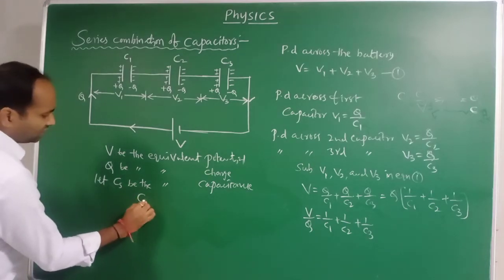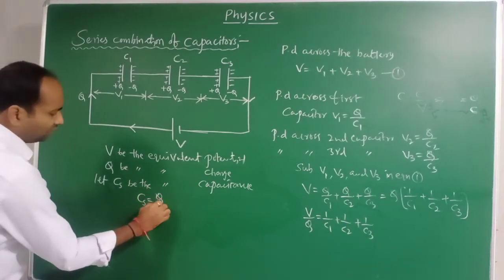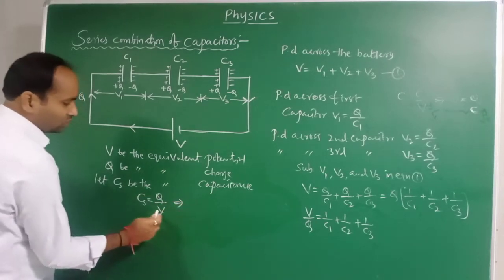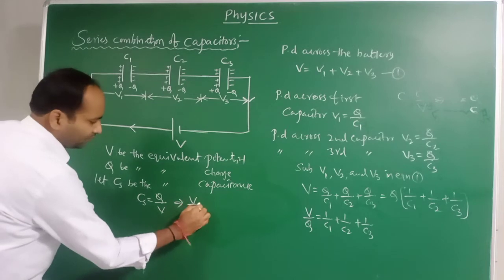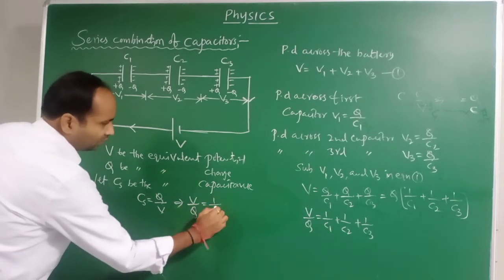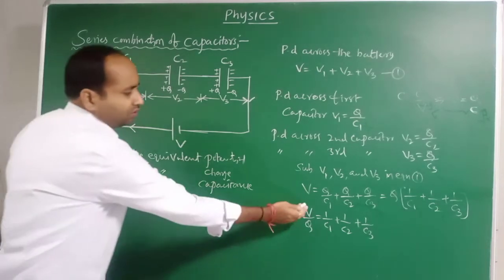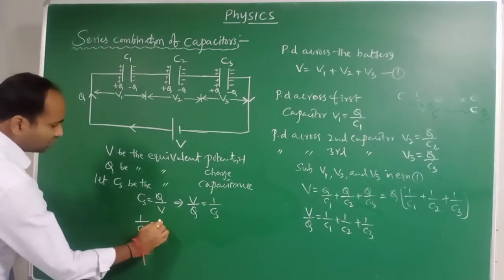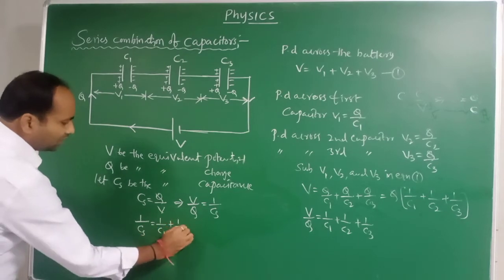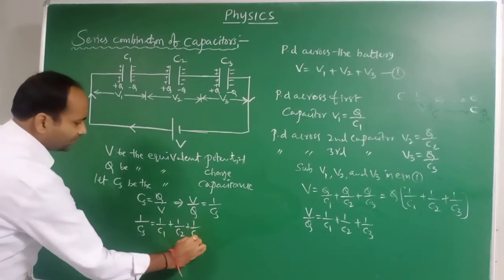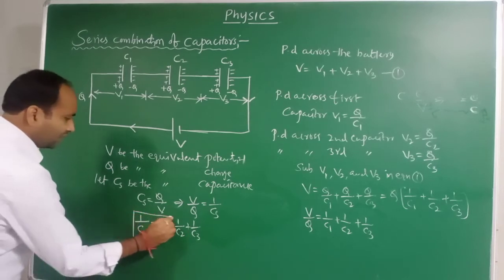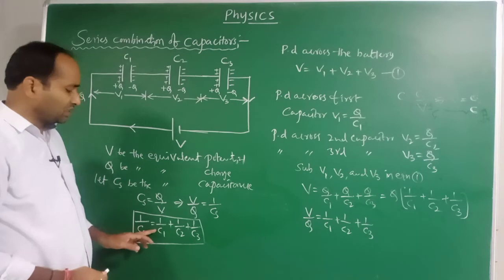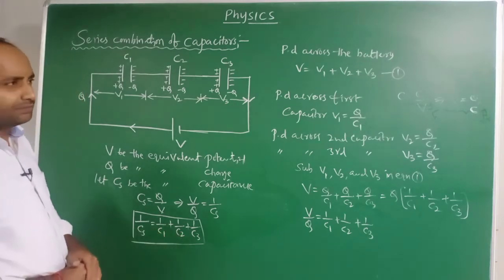So we may write Cs is equal to Q by V, that implies V by Q is equal to 1 by Cs. Here V by Q is there, so we may write 1 by Cs is equal to 1 by C1 plus 1 by C2 plus 1 by C3. So this is the expression for the equivalent capacitance of a series combination.